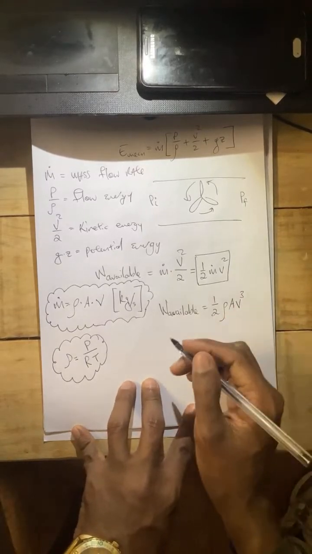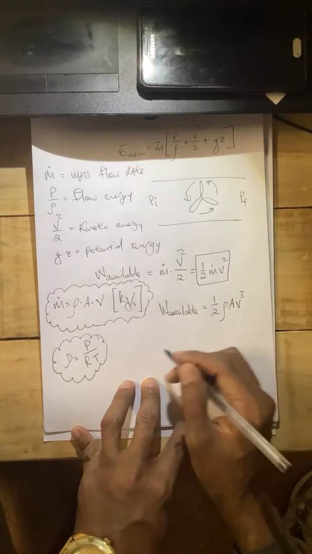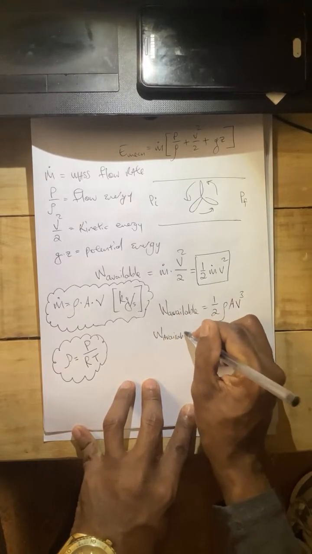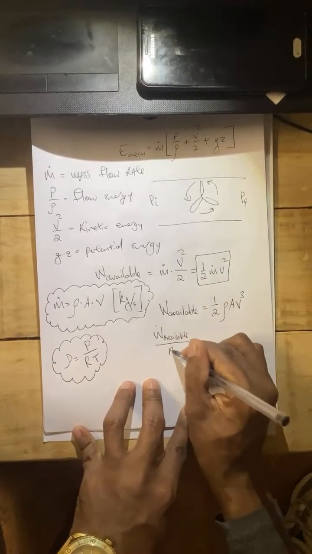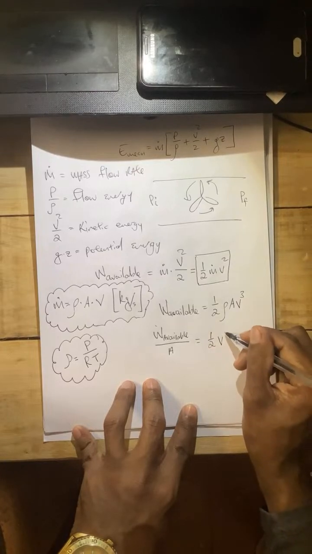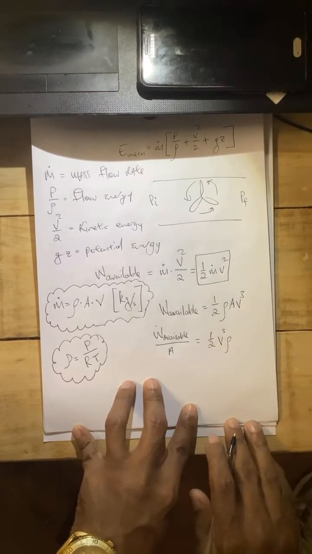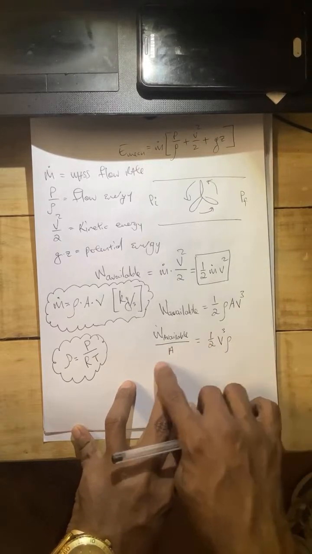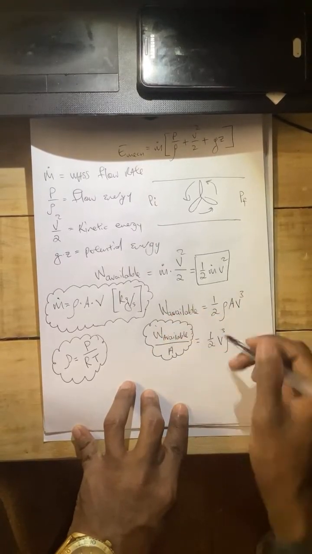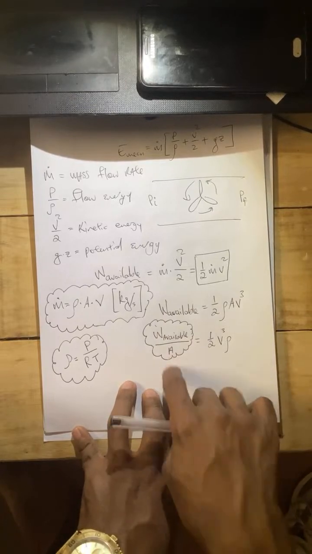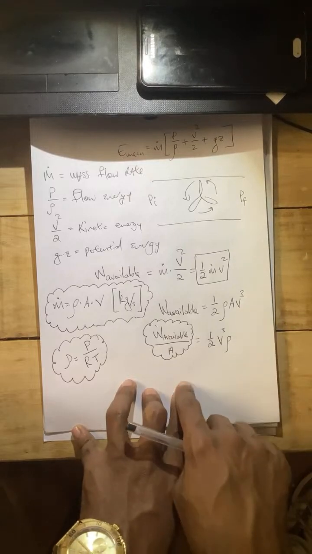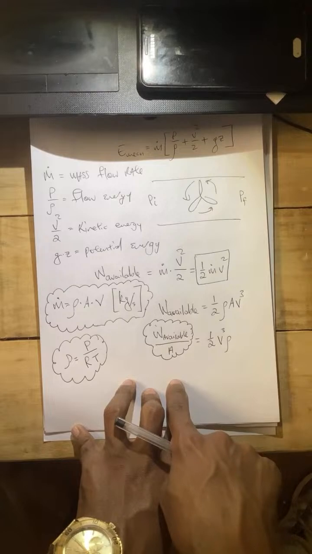Check this out. Once we have this, what we can also do is the following. We can rewrite it like this. Now, why are we rewriting it like this? Because this term over here is what we refer to as the power density of a wind turbine, meaning the power of a wind turbine as a function of, or per unit of, area.